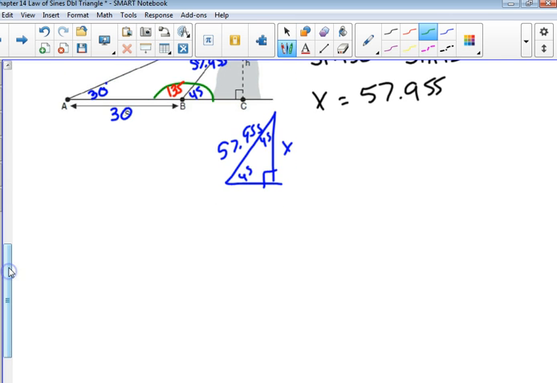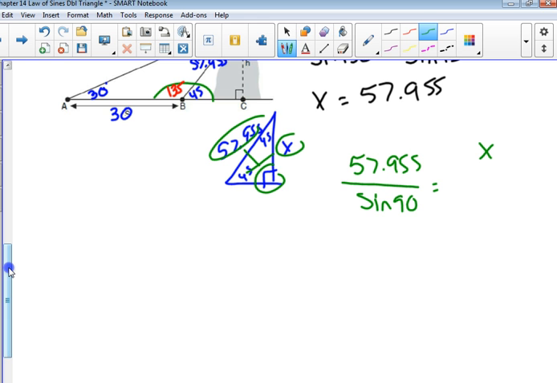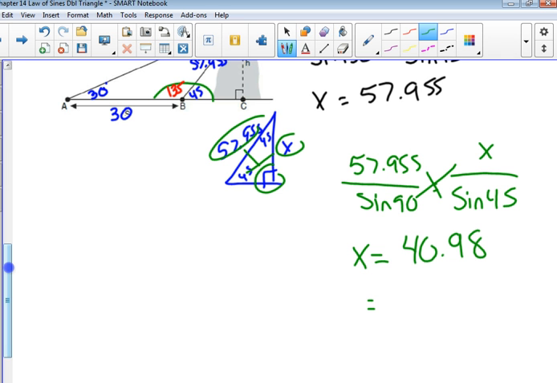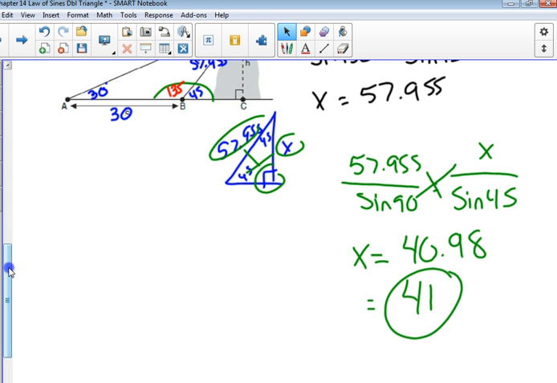Now take out your other triangle. 57.955 over sine 90 equals x over sine 45, and when we finish the cross multiplication, x is about 40.98, which to the nearest whole number is 41. So just check it out.